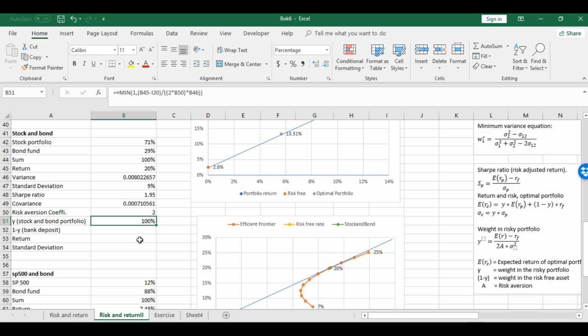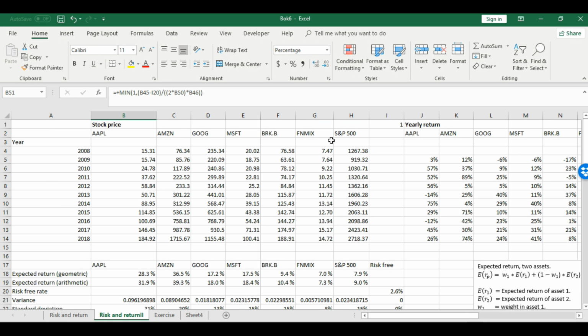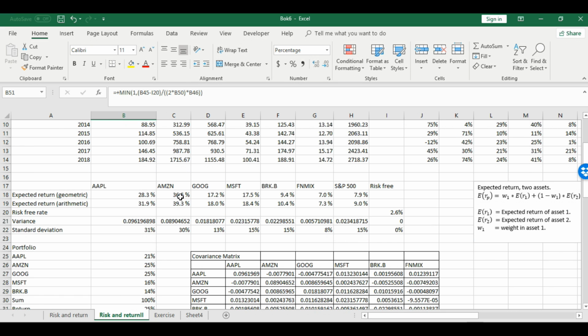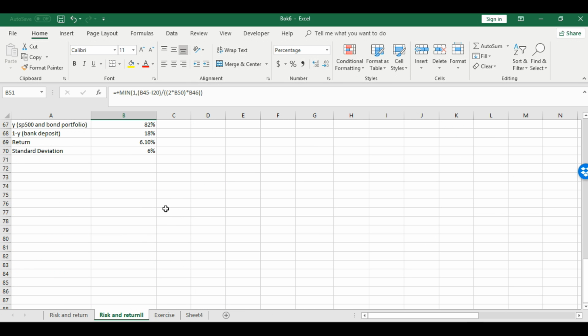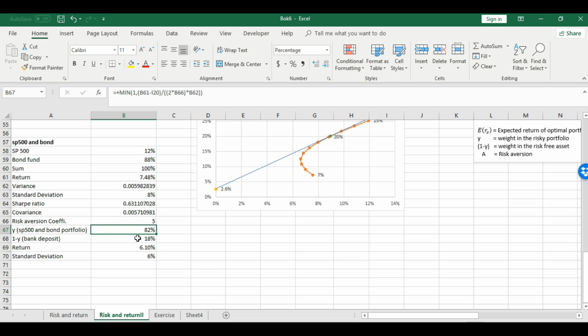We found that 100% of our capital should be in the stock and bond portfolio. And to better illustrate the risk aversion and optimal allocation, we changed our stock portfolio to the S&P 500 and combined that with the bond fund and found an optimal allocation between the portfolio and the bank deposit.